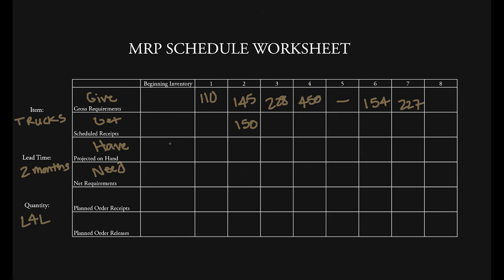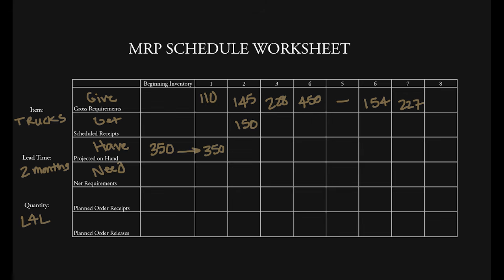So our beginning inventory at the start of this project, we already have 350 completed trucks in our warehouse. So looking at the beginning of month 1, we're going to bring that 350 we already have into this first time frame.